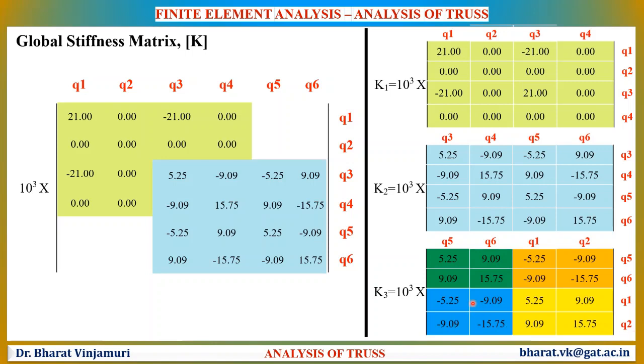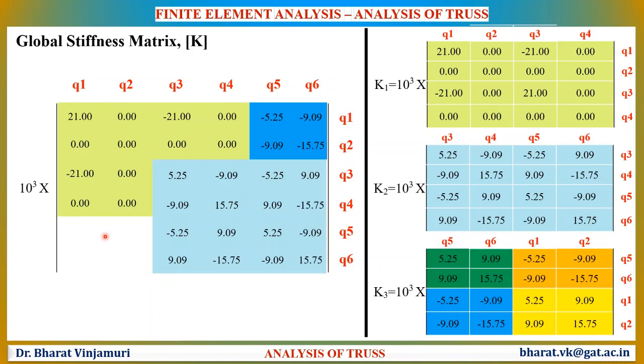So the values minus 5.25, minus 9.09, minus 9.09 and minus 15.75 belong to this area. Thus, the values will go here.